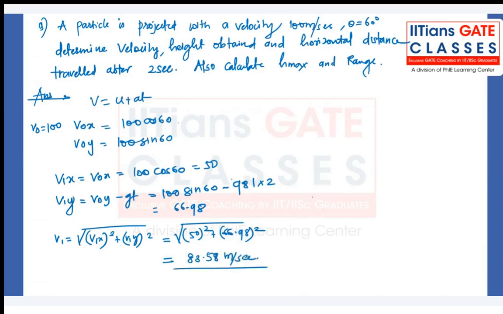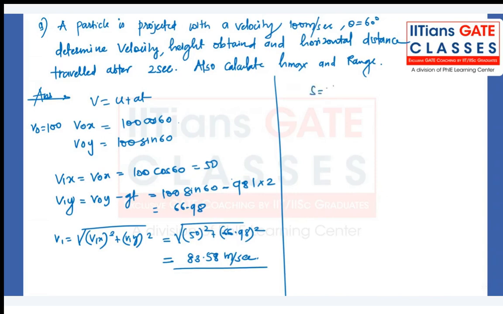Now next, we got the velocity. What they are asking us is the horizontal and vertical distance, the height obtained. So S is equal to ut plus half of at square.